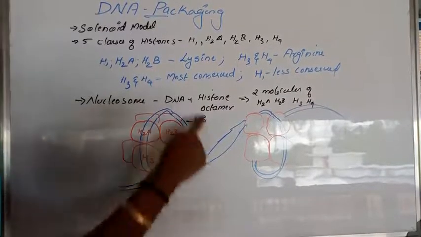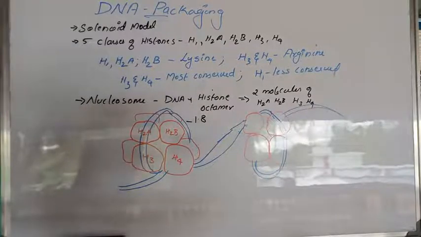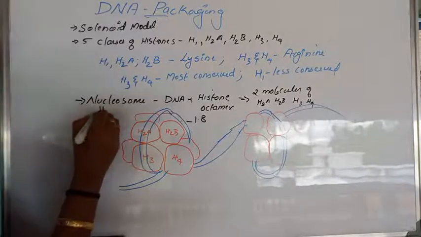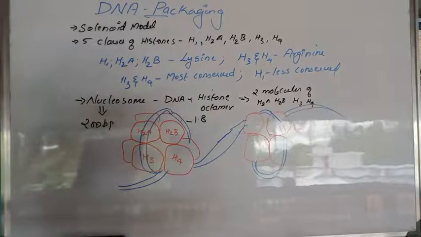A typical nucleosome contains 200 base pairs of DNA duplex.